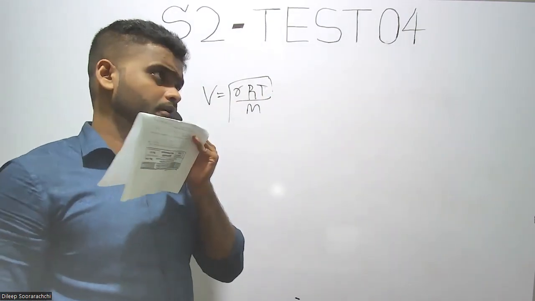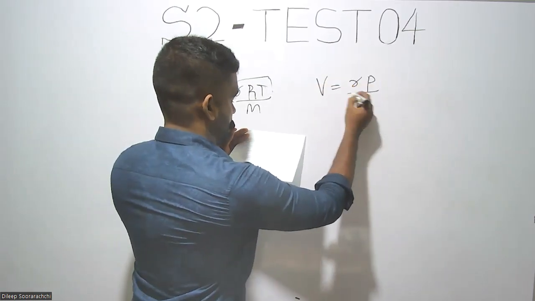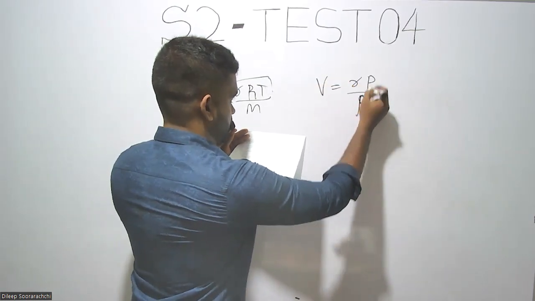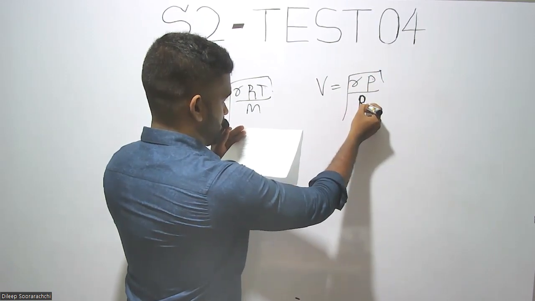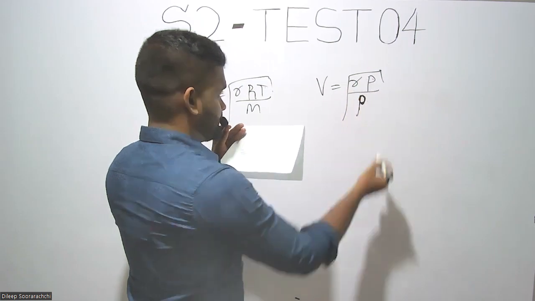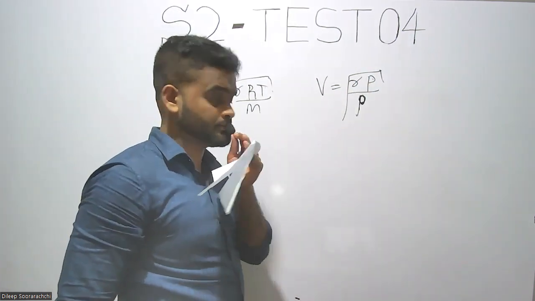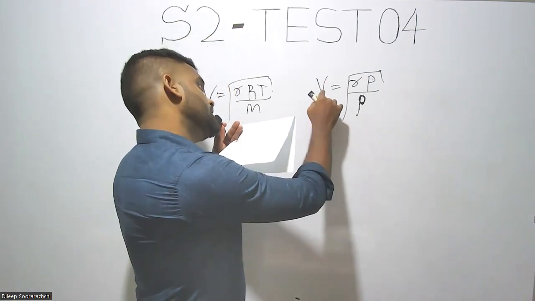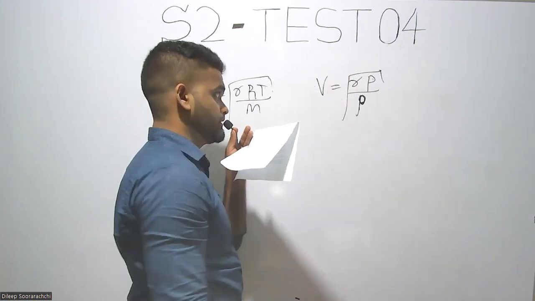Then you would remember this equation as well for sound velocity: root of gamma P divided by rho. This equation, gamma P, pressure divided by density. But this equation has a pressure term there. But then you can say this sound velocity depends on pressure as well.